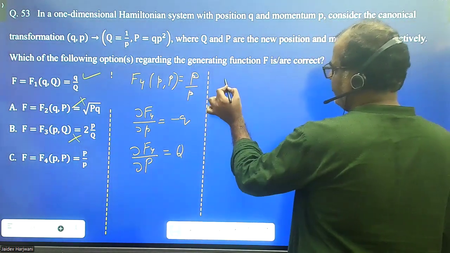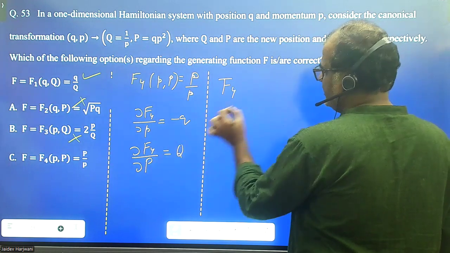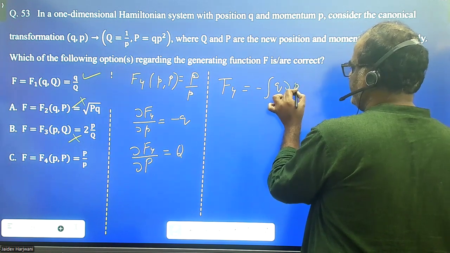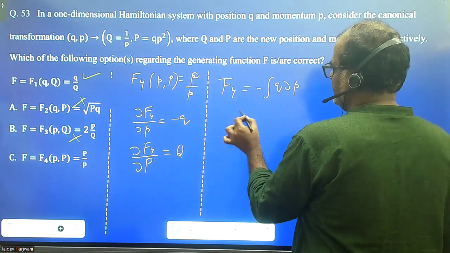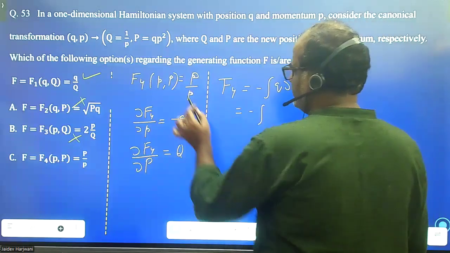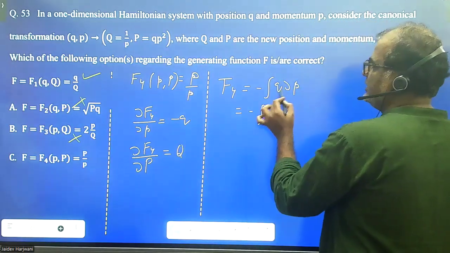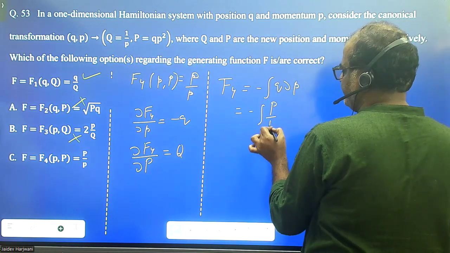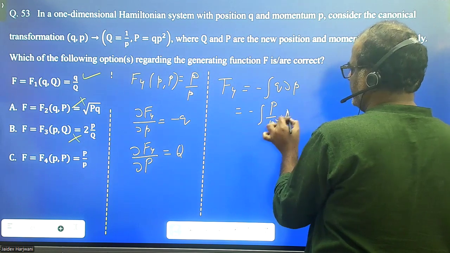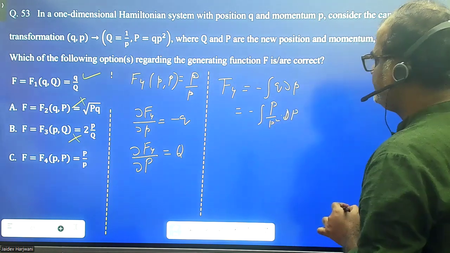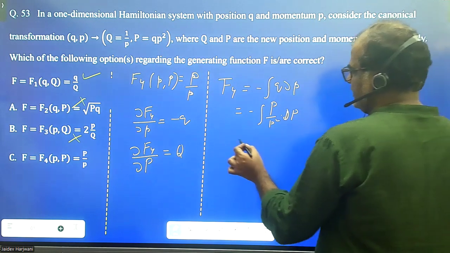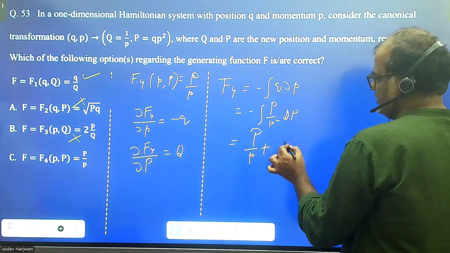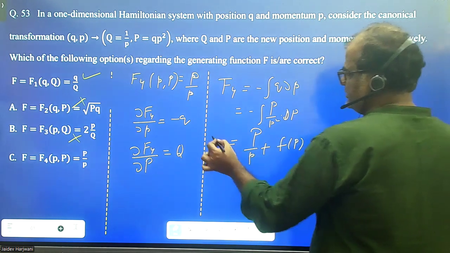Now let me calculate F4 from here. That is minus Q small p, and minus, I want a function of small p and capital P, so I have to bring here capital P. So capital P comes capital P upon small p square into del P. So if I solve this one, this gives me capital P upon small p plus capital F, which is F4.